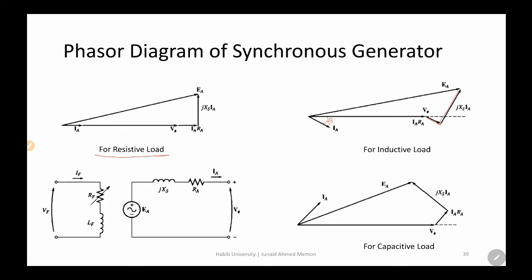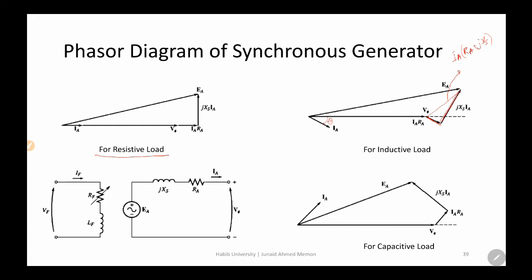So you have this component added into our system. This vector is basically IA times RA plus JXS. So this is the net vector for these two vectors. Now you can combine those and you will have a phasor diagram for the inductive load.